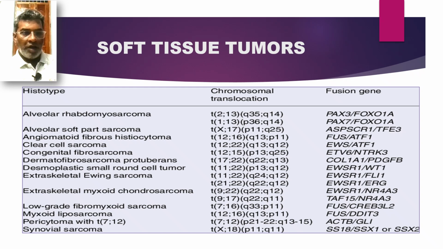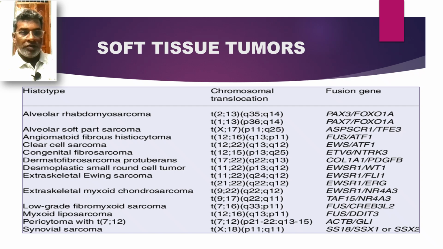Anything among these, they are all soft tissue tumors. So soft tissue tumors can be rhabdomyosarcomas or histiocytomas or round cell tumors, dermatofibrosarcoma protuberans or desmoplastic, extraskeletal Ewing sarcoma or extraskeletal myxoid chondrosarcomas, myxoid liposarcomas.